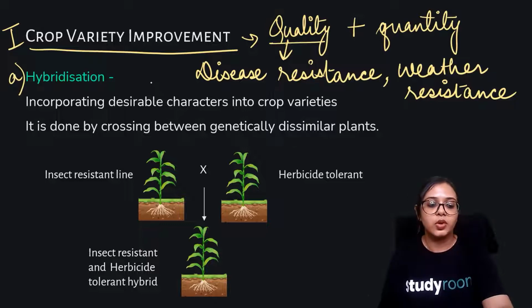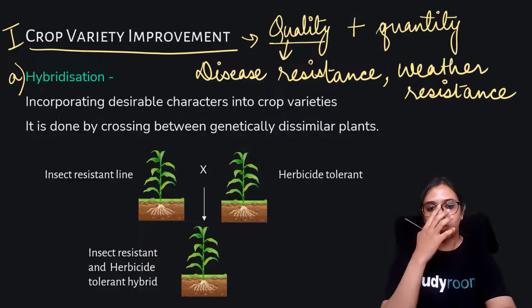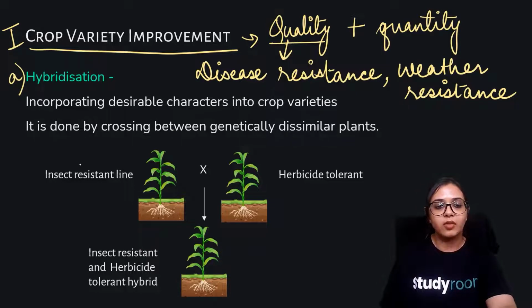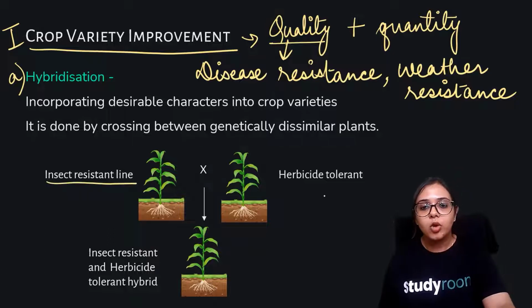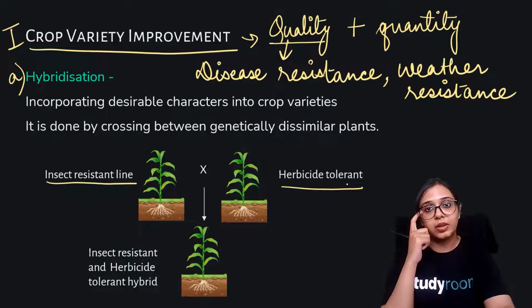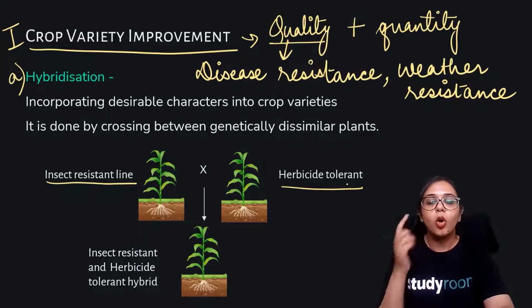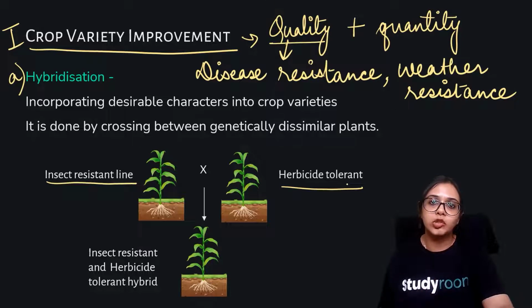What happens during hybridization? Farmers incorporate desirable characters into crop varieties. Say one crop variety is resistant to insects, and other crop varieties are resistant to herbicides. You know that overuse of harmful chemicals like herbicides and pesticides can lead to depletion in the amount of nutrients present in the soil.